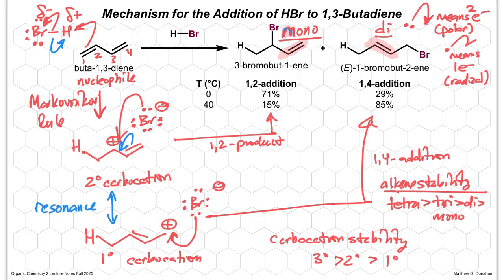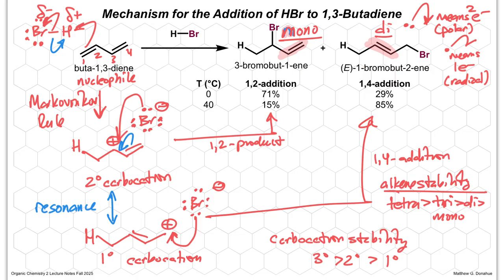So of the two factors that are interconnected in determining the product distribution, at the higher temperature, we've allowed more energy into the system. That allows the more stable alkene to be produced.